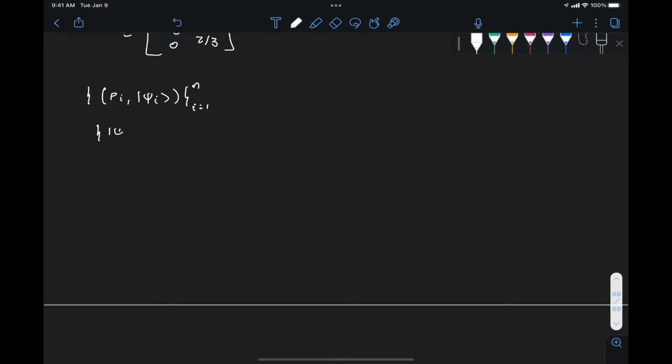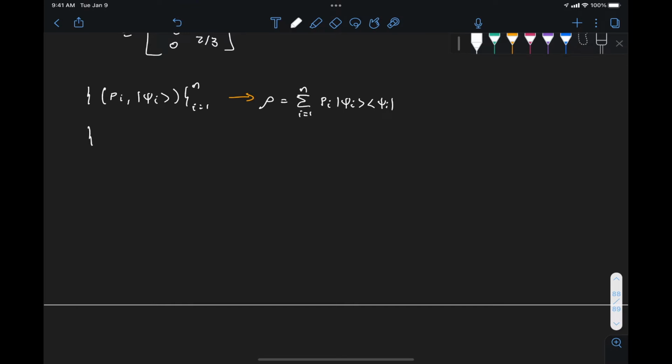Before I used to denote the ensemble of states with associated probabilities as two separate lists, but here I'm just grouping them as pairs, and I think it's obvious what it means. So let's say we have this ensemble that generates a density matrix rho, the sum for i equal to 1 to n of each of the states psi sub i, weighted by the classical probabilities p sub i.